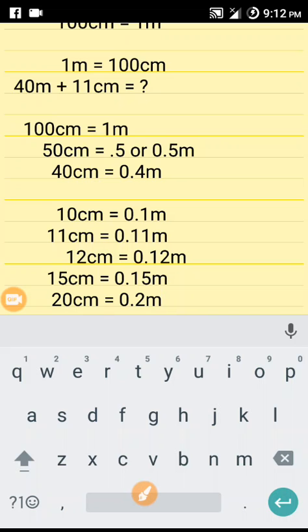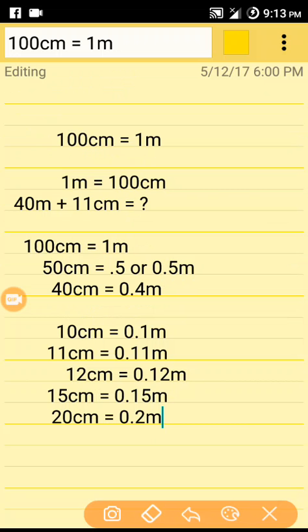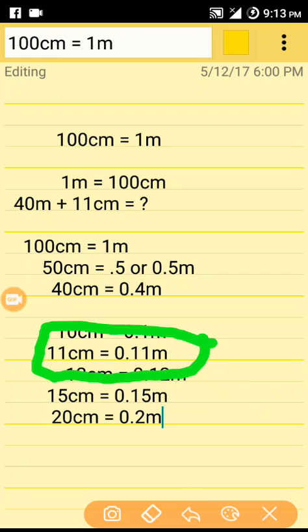This is another method of changing from centimeters to meters, which I believe is quite simple. So if we understand that, you have already even changed the 11 centimeters to meters. If you can see, I'm circling it around here, this side.